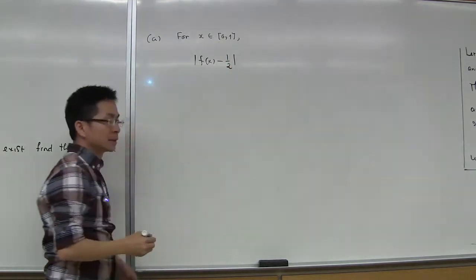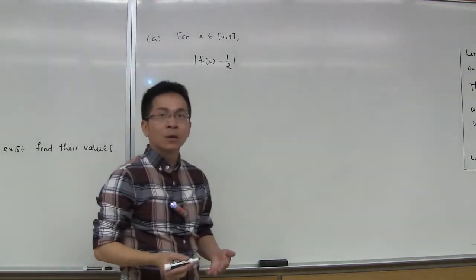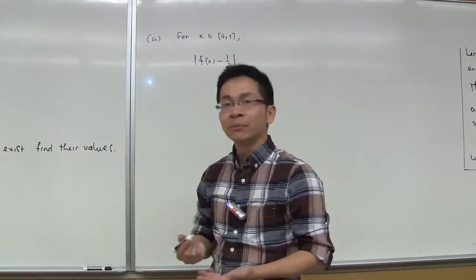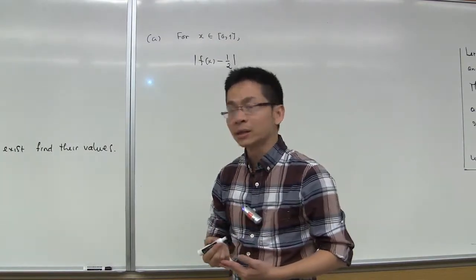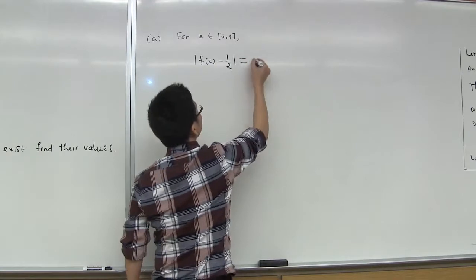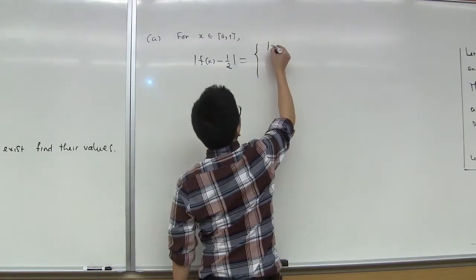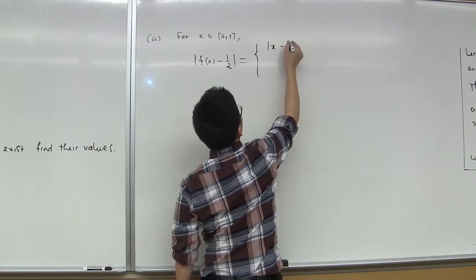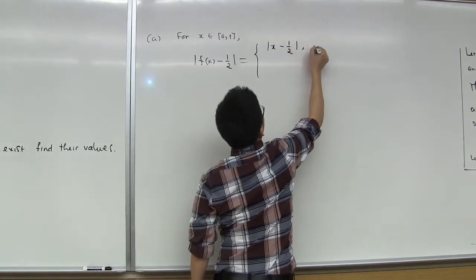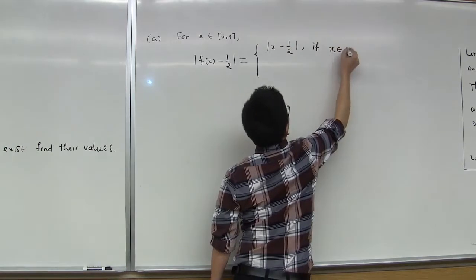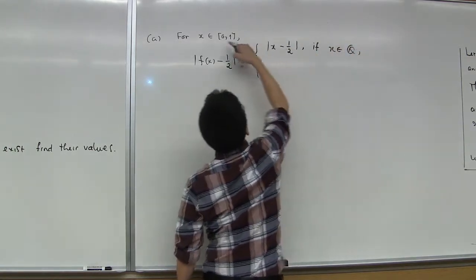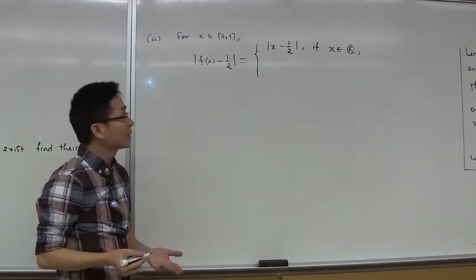It depends on whether x is a rational number or an irrational number, so there are two cases. It is the absolute value of x minus 1/2 if x is in Q. Here x is in the interval [0, 1] as well.